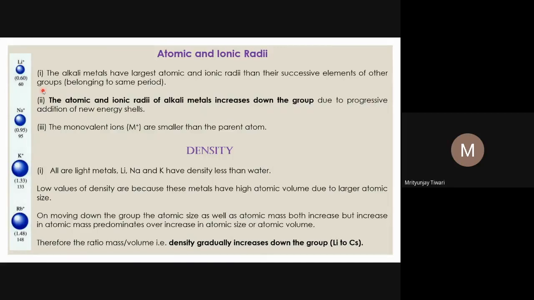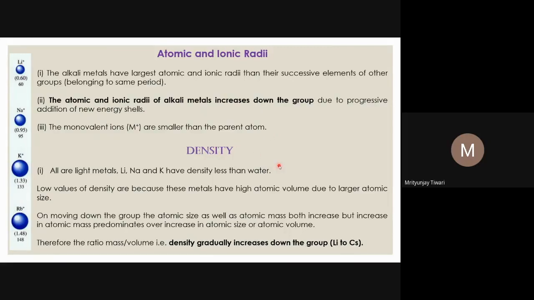The outermost shell is there because of the presence of electrons. Once you remove that, you have also removed the shell, and only the core shells are there. So the ionic radius is smaller than the corresponding atomic radius because we have removed the outermost shell while removing one electron.